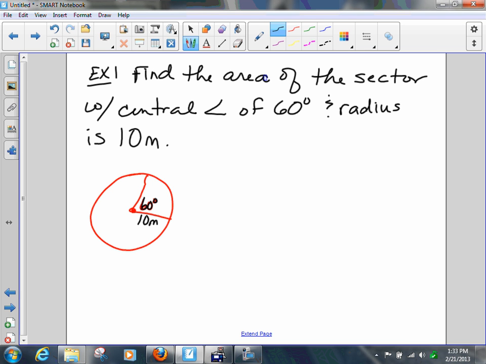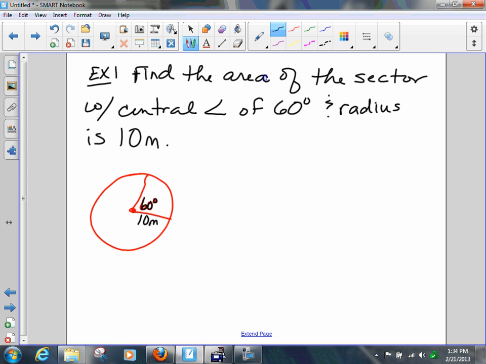And how do you know? This is what boggles my mind too. People use the wrong formula. They don't know what formula to use. Rate the problem. It does say sector.